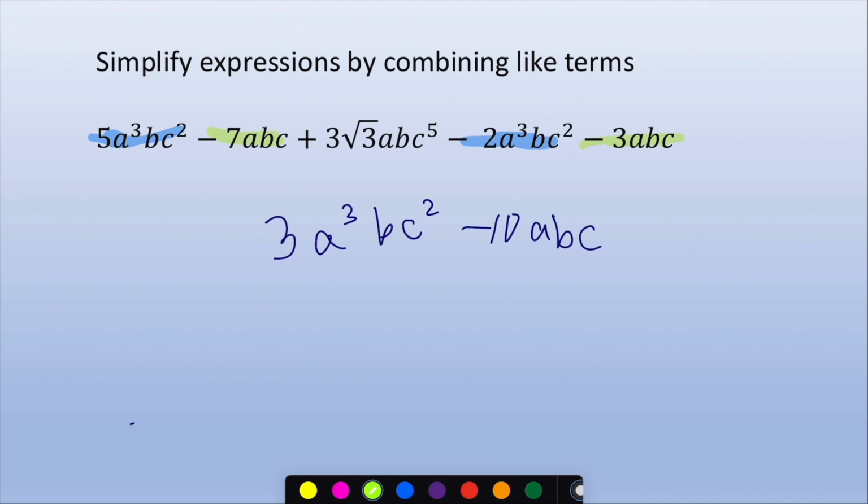And then the only term that we haven't considered is this one here. There are no other terms that have the same exact variable pattern. So we're just going to include that on our list, but we don't have anything to combine it with or to change it. So that would be your final answer. We can't combine anything further because there are no other terms that are like terms.